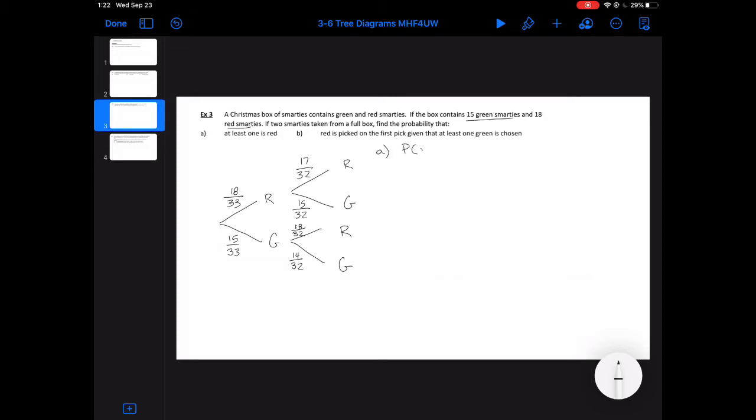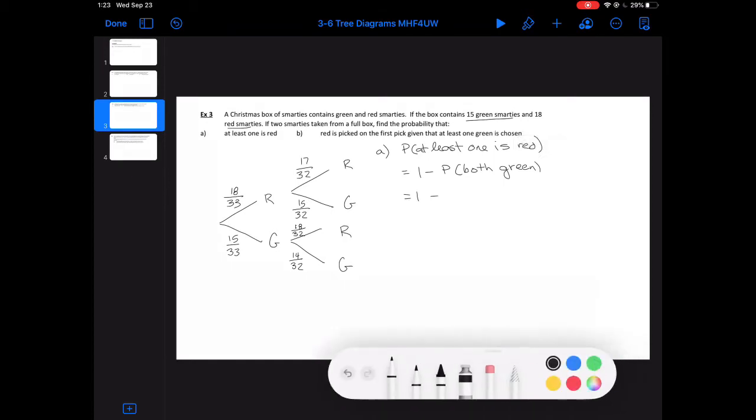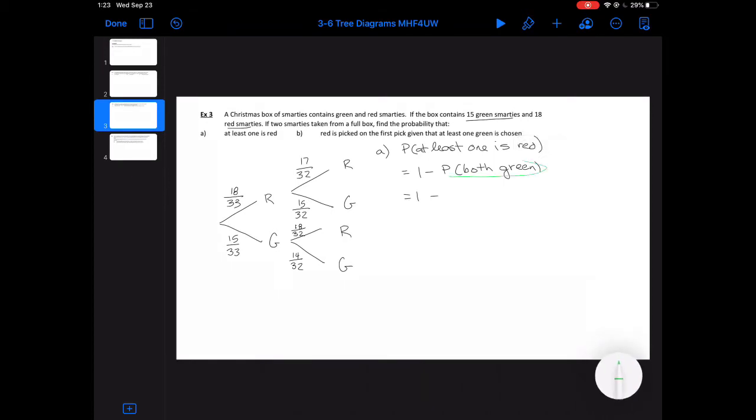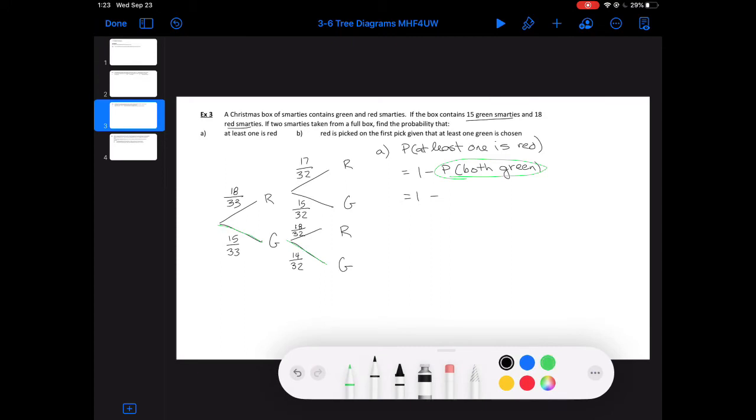So let's look at the first one. So the probability that at least 1 is red is going to be equal to 1 take away the probability that they're both green. Okay, so I'm going to start with 1, and the probability that they're both green, may as well highlight that in green. That pathway is if I pick green on the first try and a green on the second try.